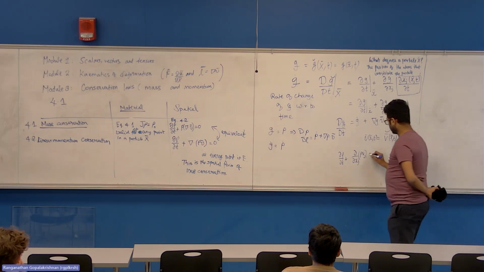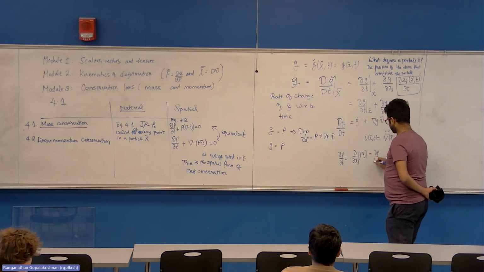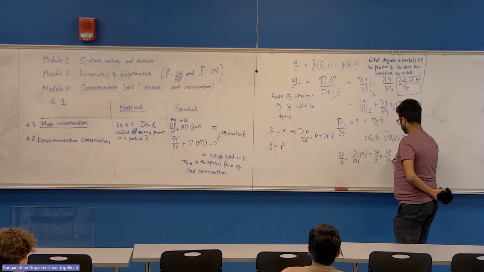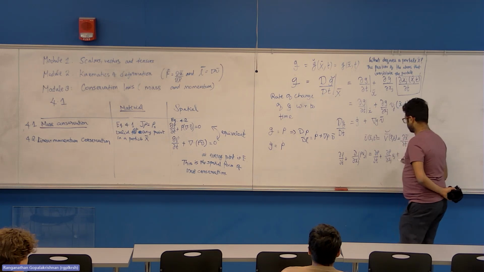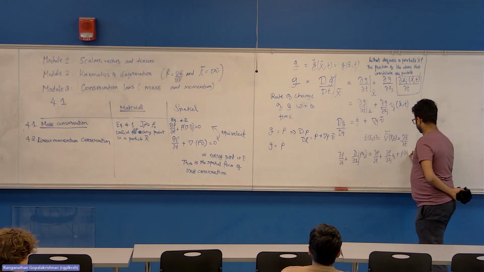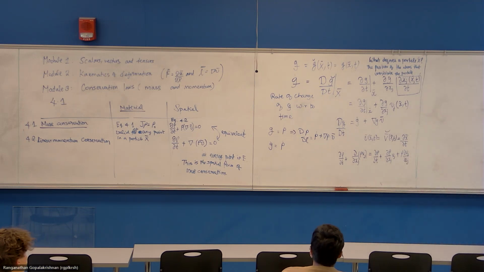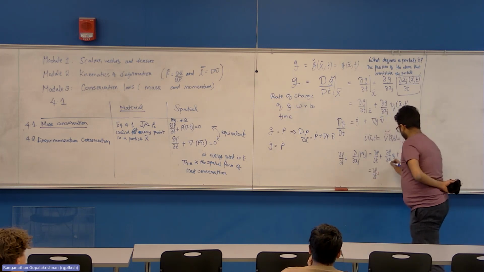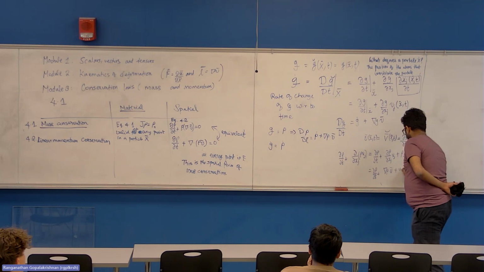So this would be partial rho over partial t plus partial rho over xj vj plus rho times partial vj over xj. So this is partial rho over partial time plus gradient of rho dot v plus rho times divergence of v.